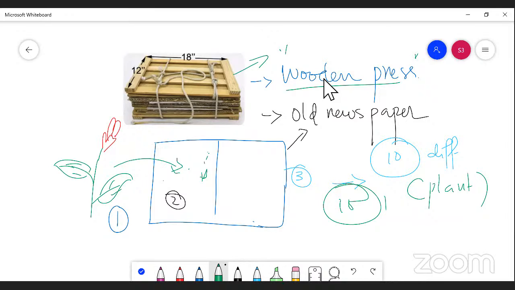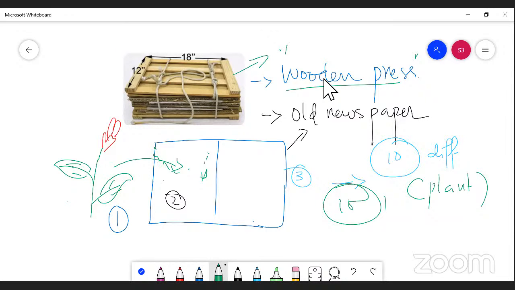Like that, there will be 10 newspapers consisting of 10 different plant materials. Understand? Again the next day, open the newspaper and you can see the plant material releases a small amount of water. The surface of the leaf, the nature of the stem and the nature of the flower are going to be presented on one newspaper.